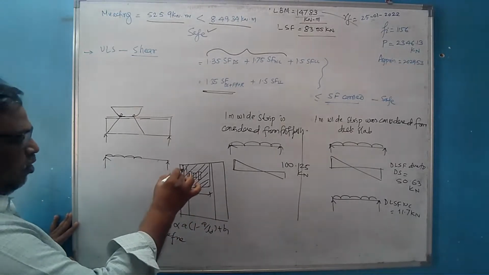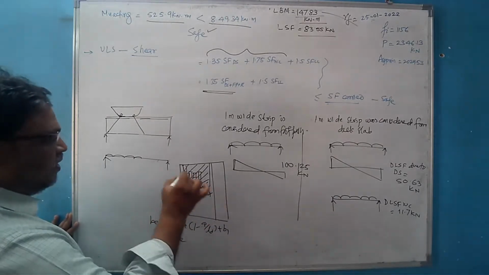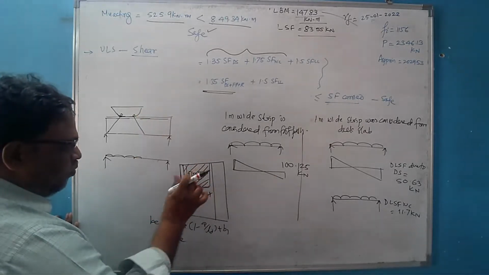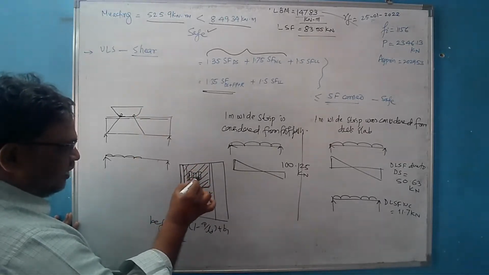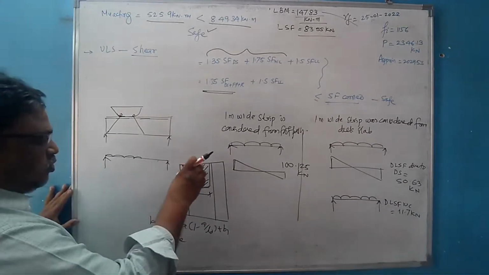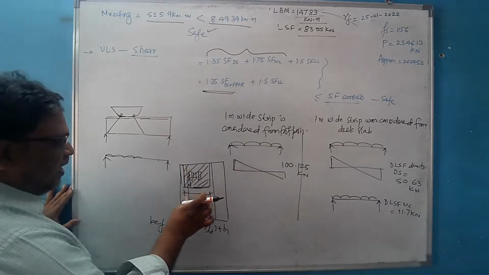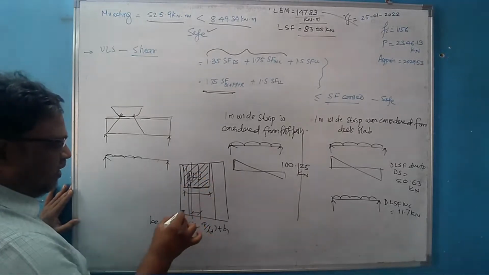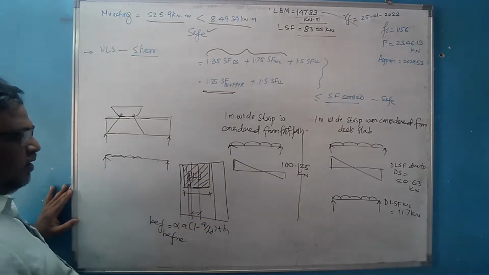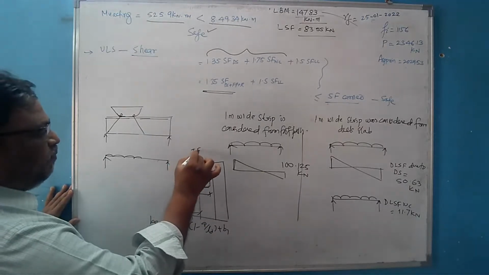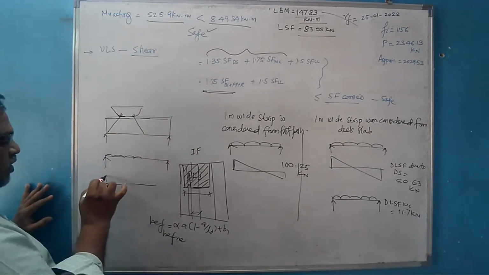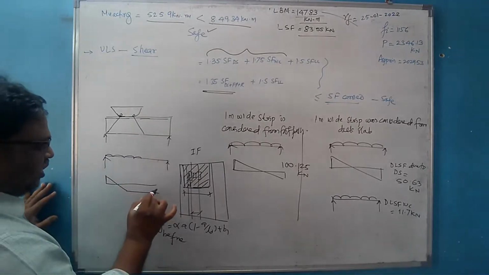So this is the along the span, this is across the span. This was the patch on which the effect of this load will be the total load, because the effect of those two concentrated load was getting merged. So the total load divided by the total area, that was the intensity of load. When I consider 1 meter wide strip, that will get converted into kilonewton per meter. Then that was multiplied with the impact factor, and the intensity of load was available. And from this, we have determined the shear force.